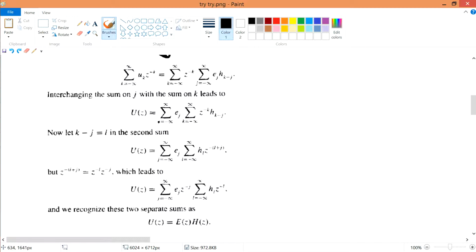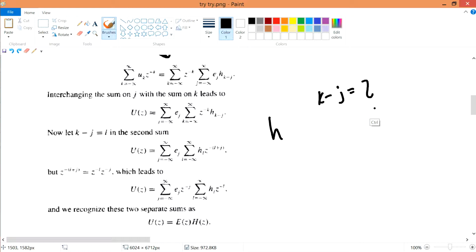But anyway, now I will let k minus j equal l. So I will let this thing over here be equal to l. So if k minus j equals l, then my h will change to h(l), right? So this is why over here it is written as h(l). But if k minus j equals l, then this portion over here also has to be changed into something like this form. So this is minus k, so how can we do this? I'll simply bring the l to the other side, and the k.